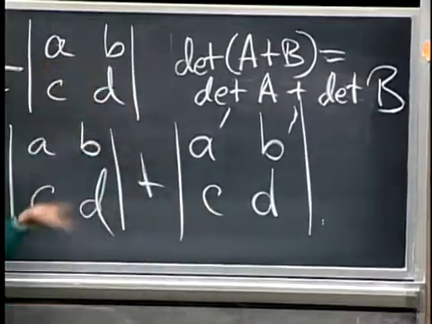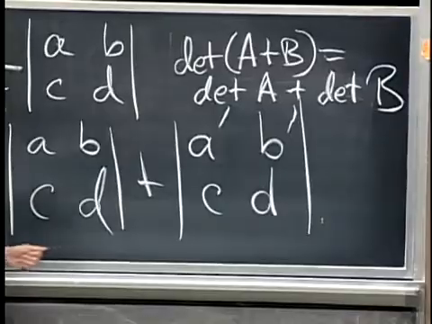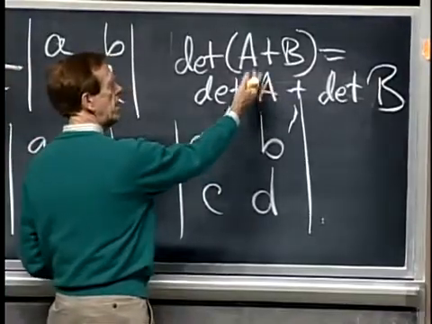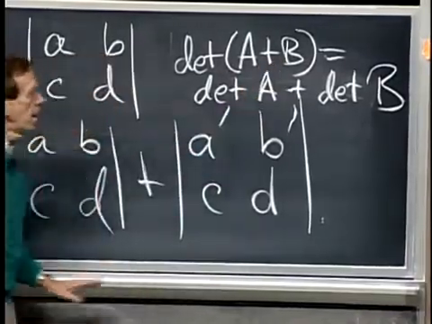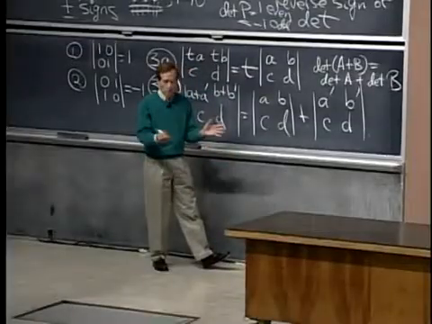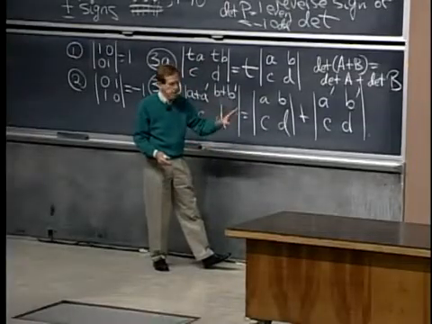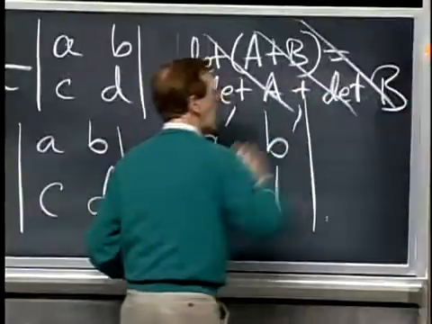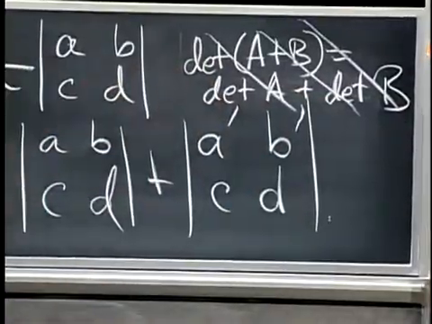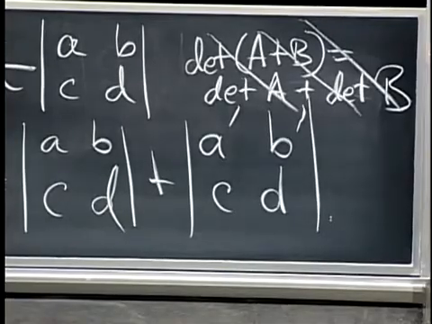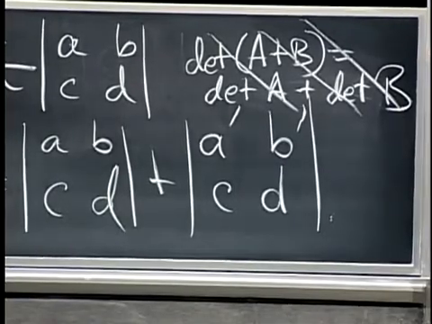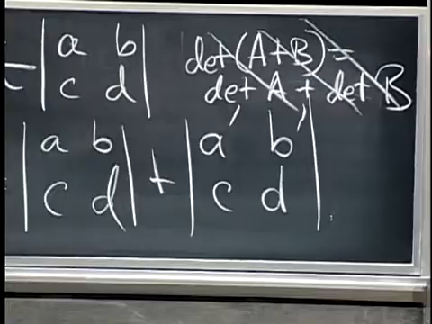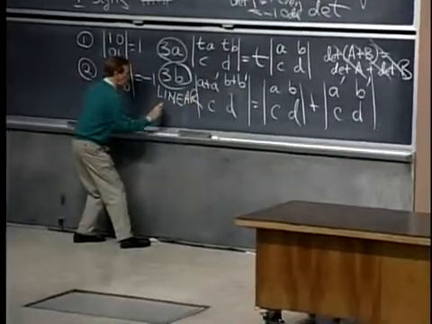This would allow all the rows of A to be a bunch of rows and all the rows of B to be a bunch of rows. That's not the linearity I'm after. I'm only after linearity in each row. Linear for each row.